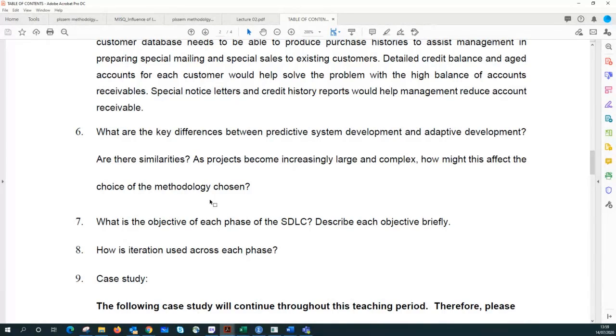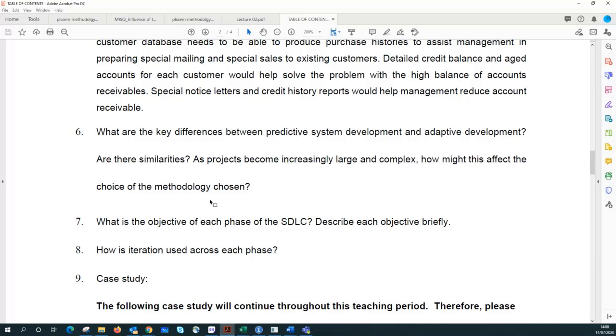I think I have addressed this question in my earlier discussion. The predictive system development methodology means we understand the requirements very well, and if we can define and document these requirements very well, we can call these predictive projects.